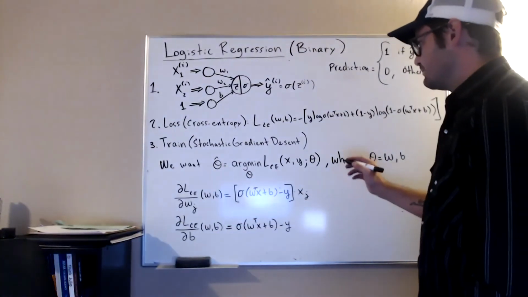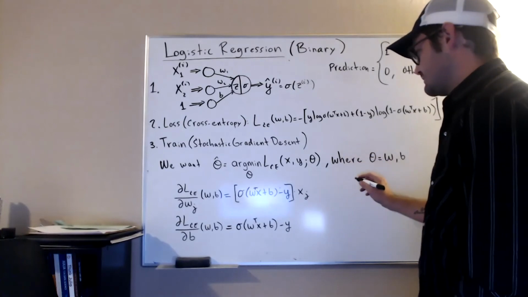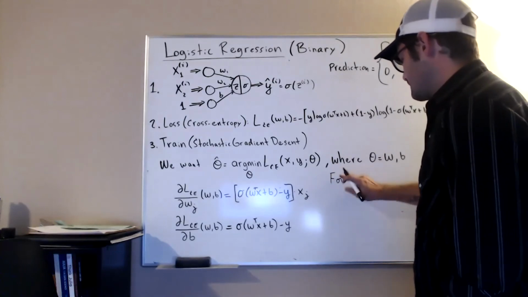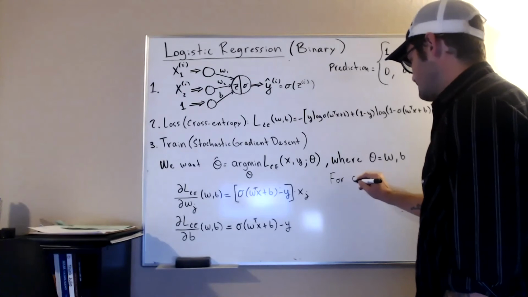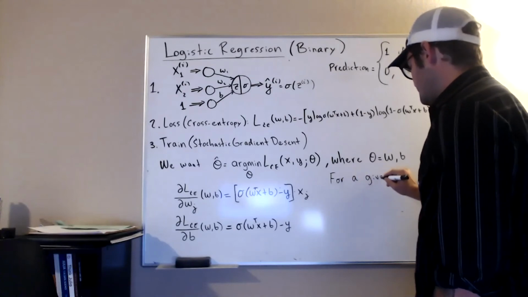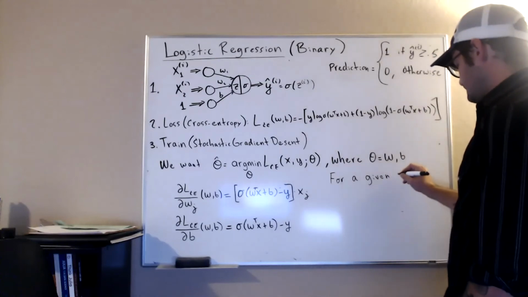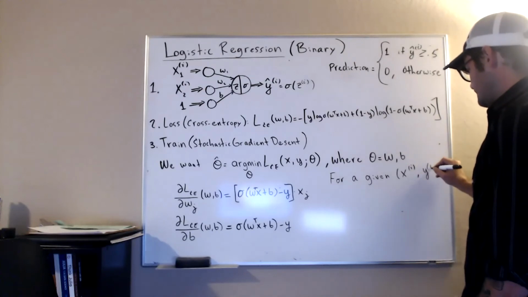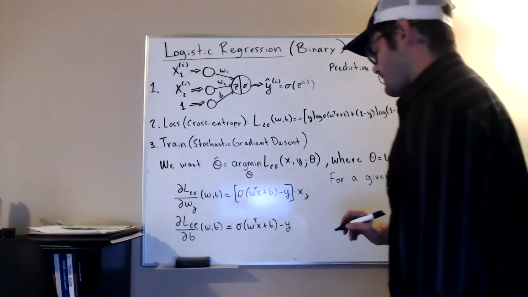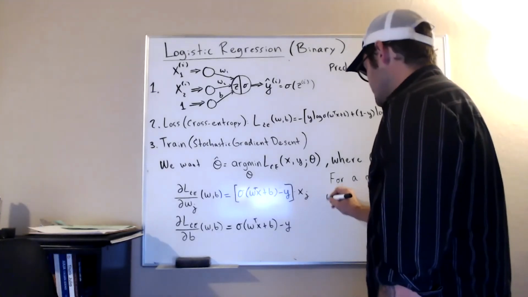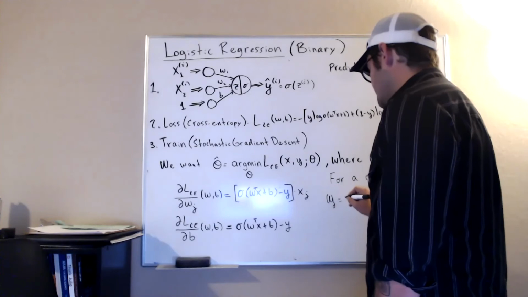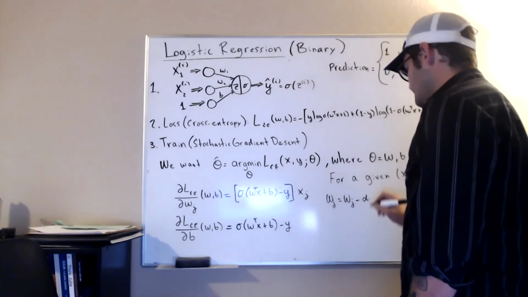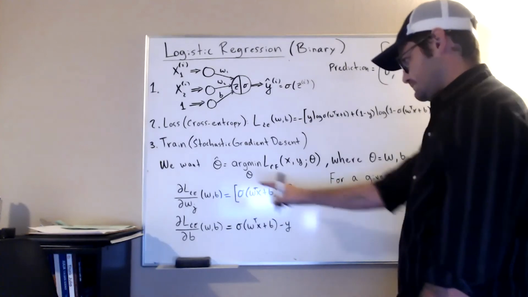So what we're going to say is that for a given data point xi, y, wj is going to be equal to wj minus alpha times this business here.